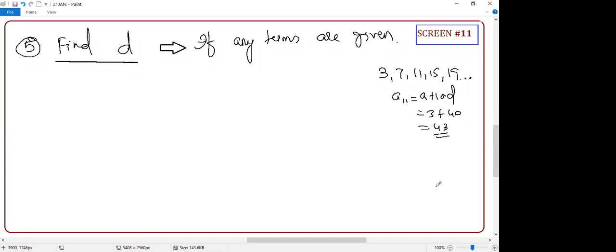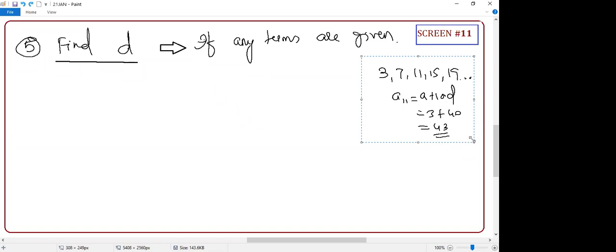Guys, I'm not going to give you the common difference. I'm directly giving you this: find D. Just note it down. The 5th term is 19 and the 11th term is 43.